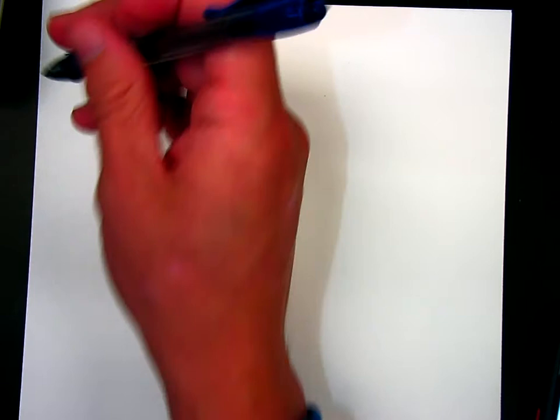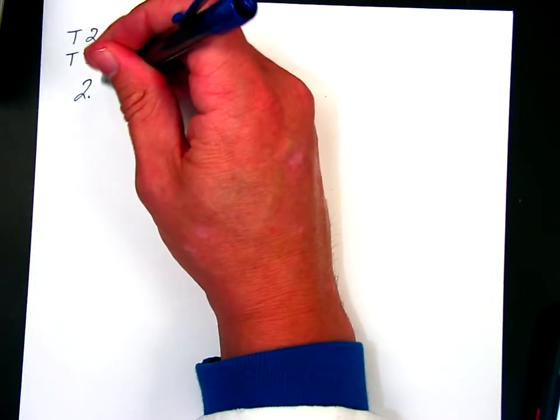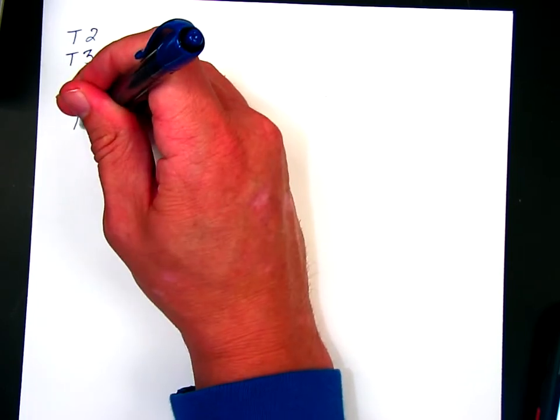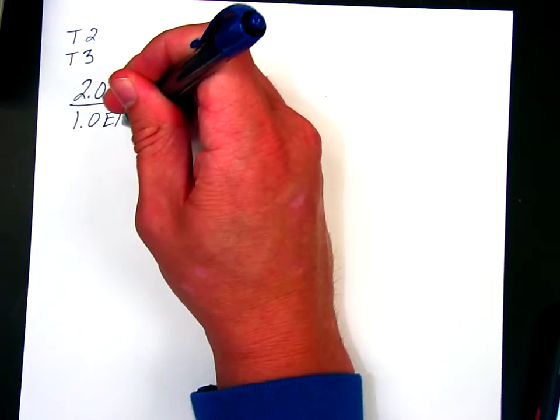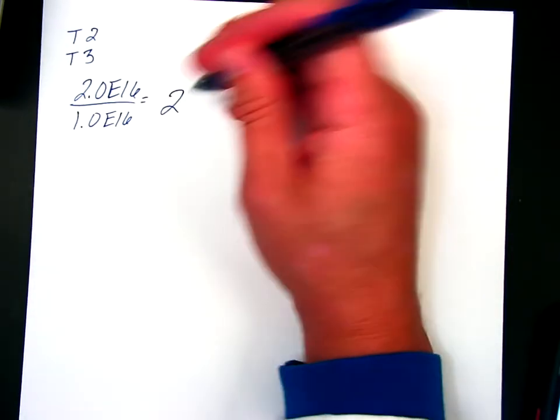All right, so trial 2 and 3, as you can see on the page there. So we're going to do what we always do. We're going to divide the bigger number by the smaller number. All right, so I'm going to start by going 2.0 E16 divided by 1.0 E16. Those are the 2 trials that I'm looking at, and I'm going to get the number 2.